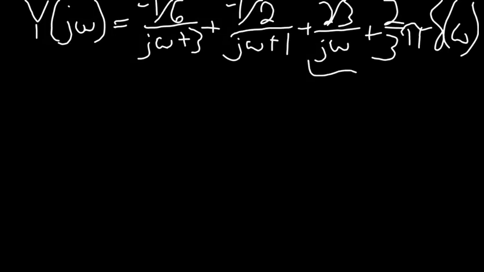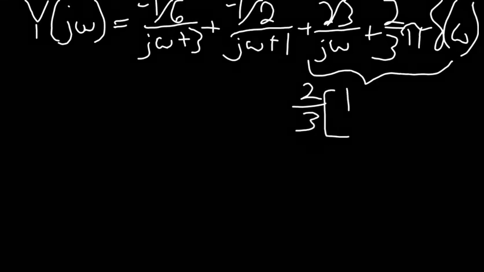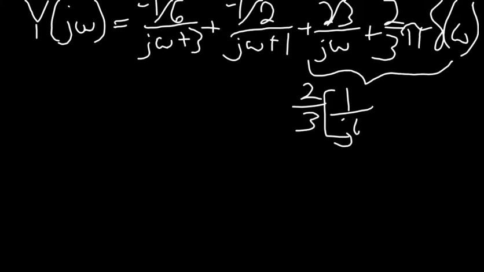Taking y of j omega that we got on the previous slide, we can then see that this last term becomes 2/3 times 1 over j omega plus pi delta of omega, which, as you saw on the previous slide, and also at the very beginning, is the Fourier transform of u of t.